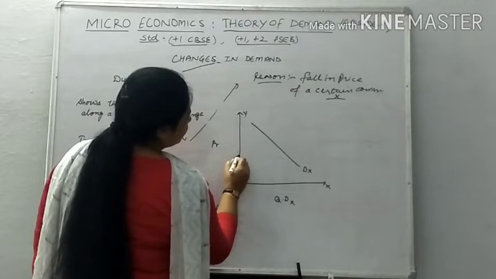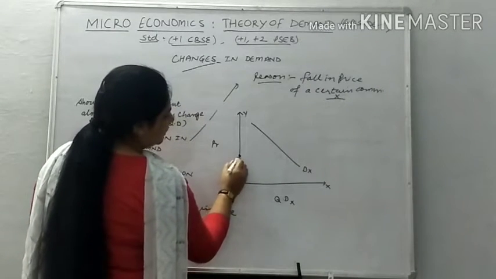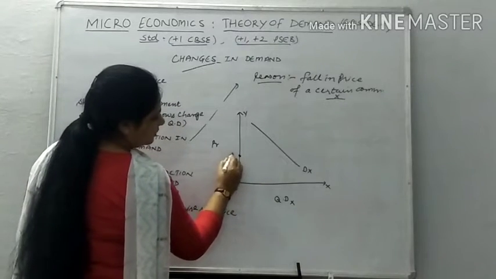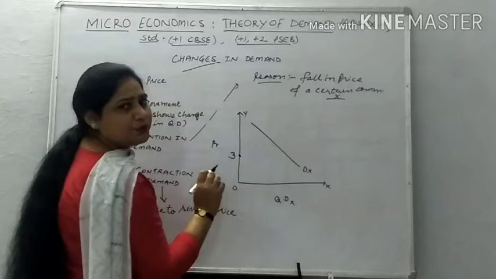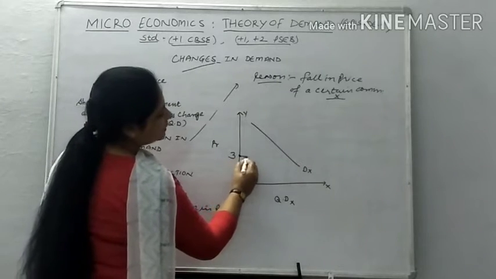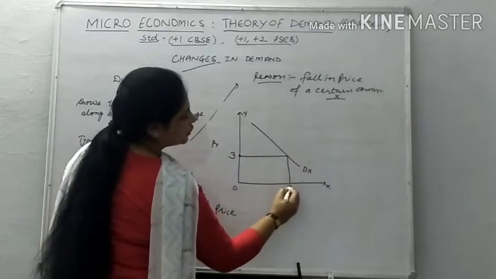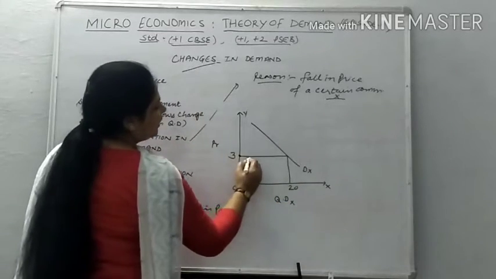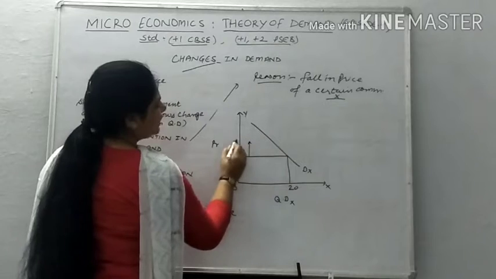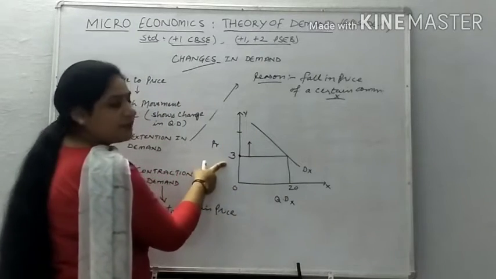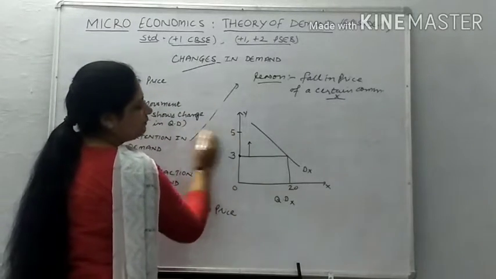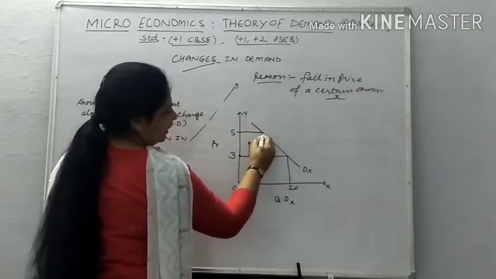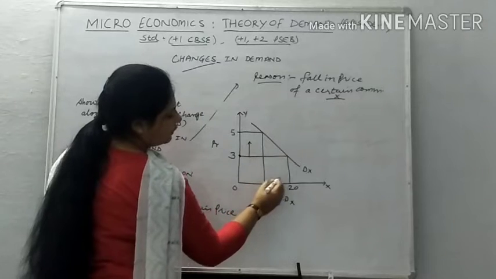Okay, suppose students, the price of the commodity is 3 rupees per piece, and the consumer is willing to purchase 20 units of the same commodity. But with the rise in price, suppose price rises from 3 rupees per unit to 5 rupees. The consumer is now willing to purchase a lesser quantity.